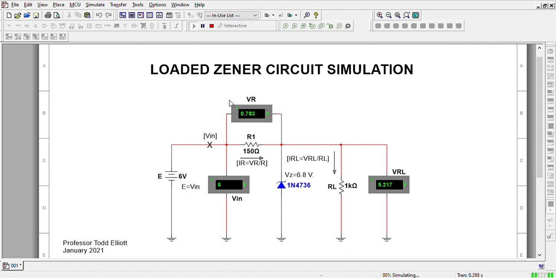What you see now is that because this voltage here is lower than the Zener voltage, there's not enough voltage to be split between here and the Zener in order to keep the Zener sufficiently reverse biased. So if the input voltage is below VZ, then the load voltage here is going to be down. It's much lower than we would expect because there's just not enough voltage to go around anymore.